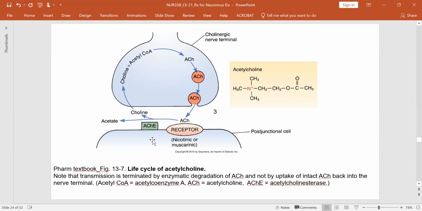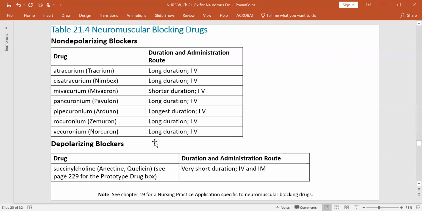So these depolarizing muscle blockers, like the succinylcholine drug, which belongs to the depolarizing neuromuscular blocking agents, are primarily used to relax the muscles of patients receiving ECT.